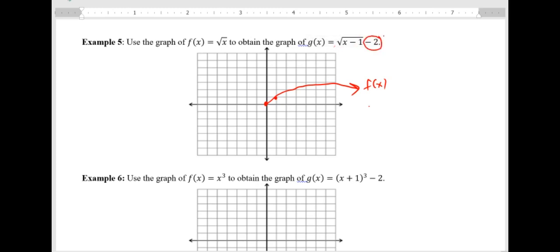So the minus 2 is going to tell us to go downward because it's on the outside. And the minus 1 is going to tell us to go to the right. So if I take this point here, I'm going to go downward 2, so 1, 2. And then I'm going to go to the right 1 spot. So now my graph will look something like this.